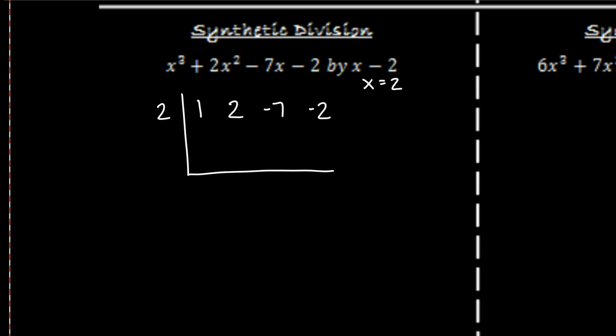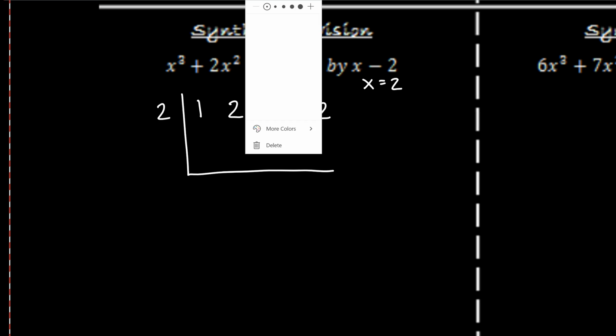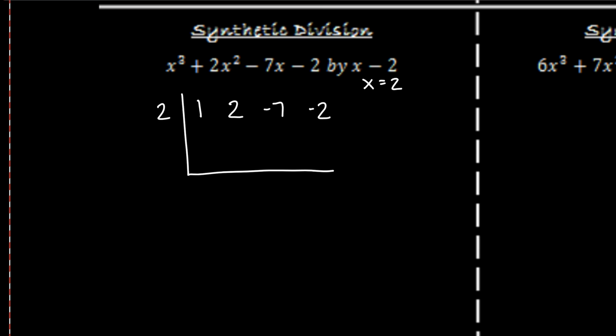Okay, so now it's just a simple step process to find your answer. You bring down this first number, bring it down and put it outside underneath your division box. Then you multiply.